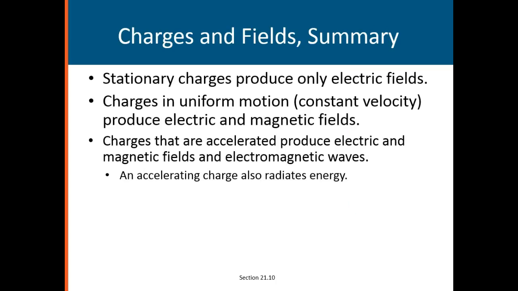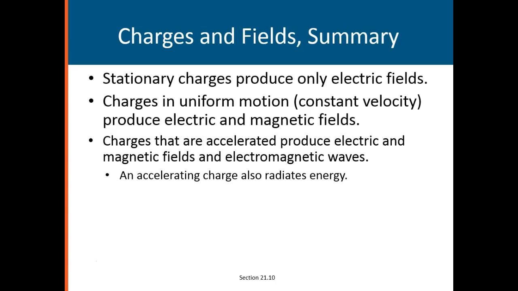The stationary charges produce only electric fields. Charges in uniform motion, constant velocity, produce electric and magnetic fields. Charges that are accelerated produce electric and magnetic fields and electromagnetic waves. An accelerating charge radiates energy.